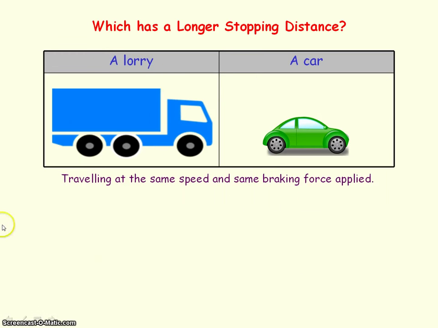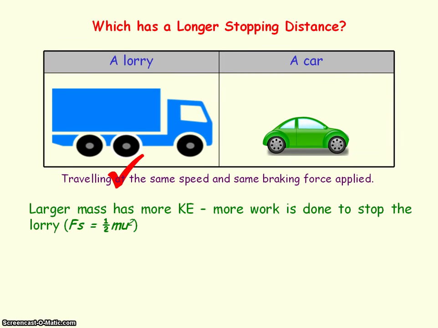If we have a lorry and a car travelling at the same speed and the same braking force is applied, then the lorry will have a longer stopping distance. And that's because the lorry has more mass, so will have more kinetic energy, so more work needs to be done to stop the lorry.